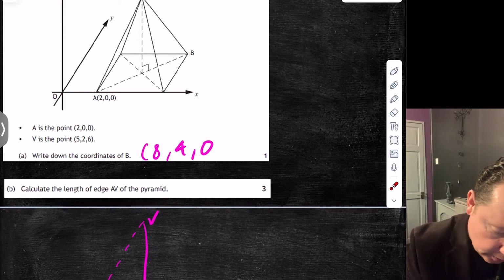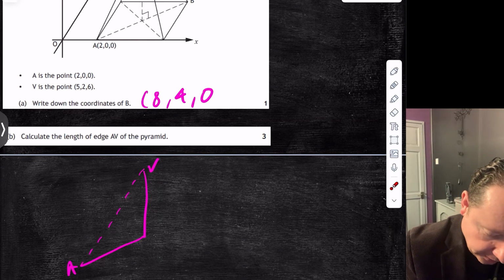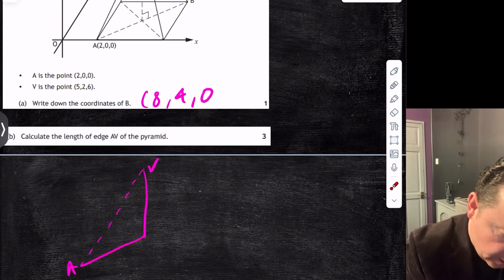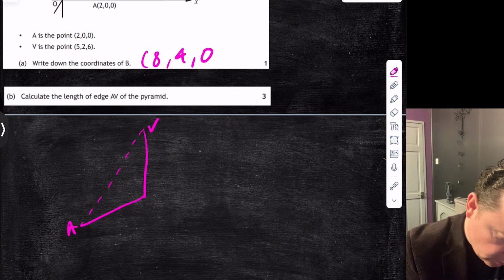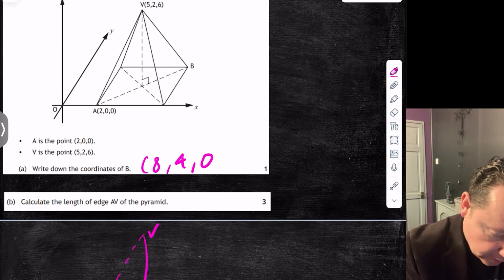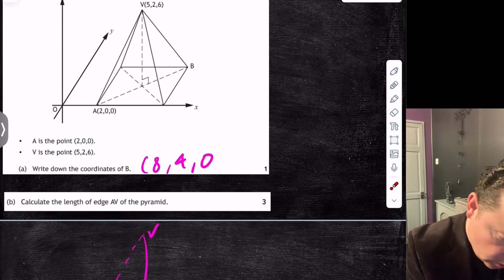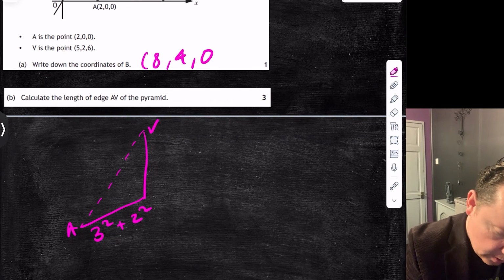Now we need to know this line here, but that can be done by Pythagoras because it's 3 along here and it's 2 along there, 3 squared plus 2 squared. So I can write that that is 3 squared plus 2 squared, and then the height of the pyramid is 6 because it starts from the bottom and goes up 6. So it's 6 squared.